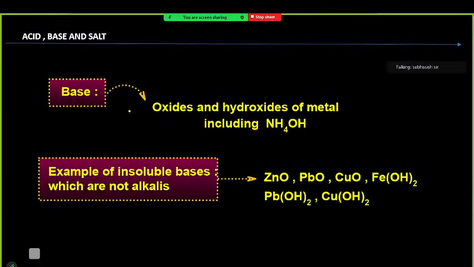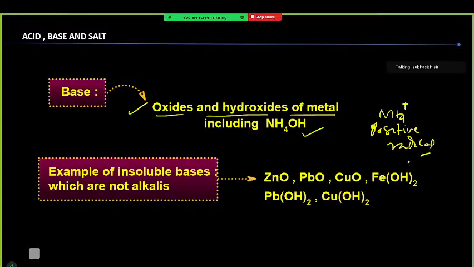So bases are generally oxides and hydroxides of metals. The exception is ammonium hydroxide. Ammonium ion is a positive radical, but not a metal.